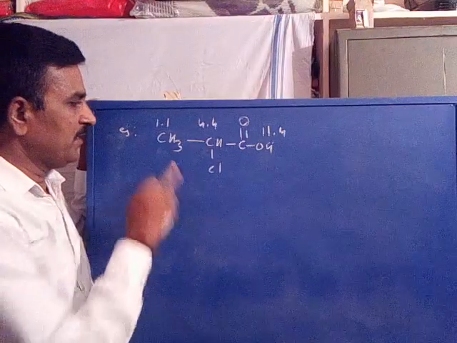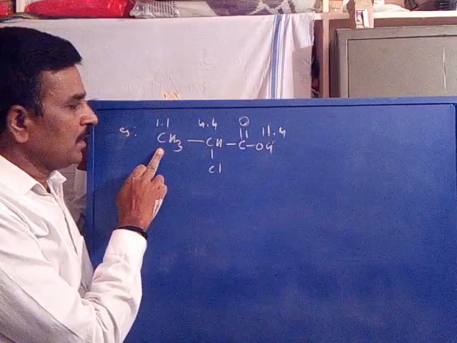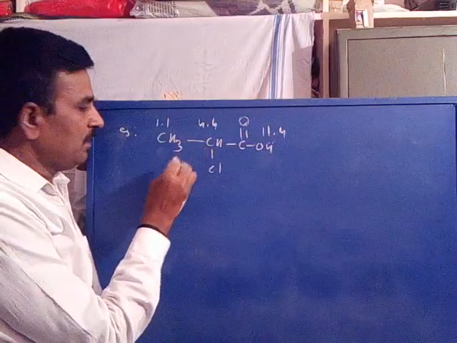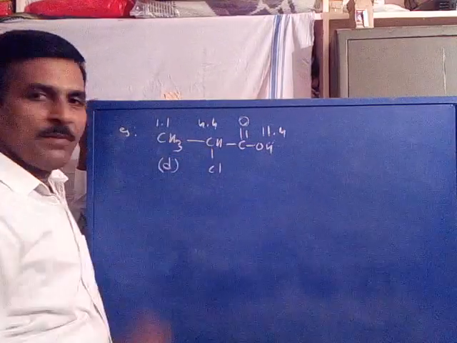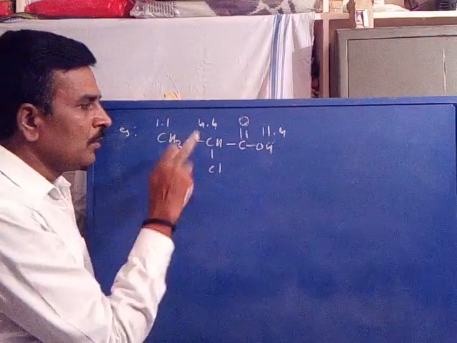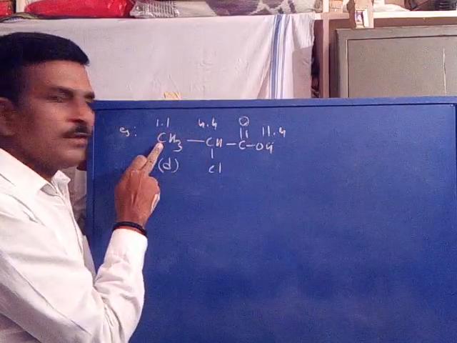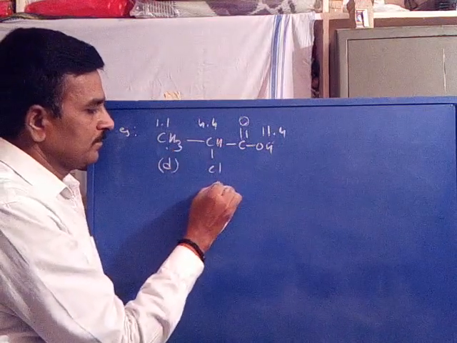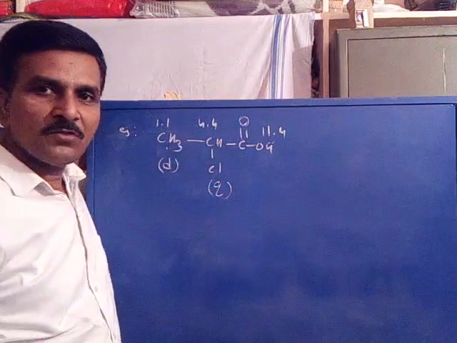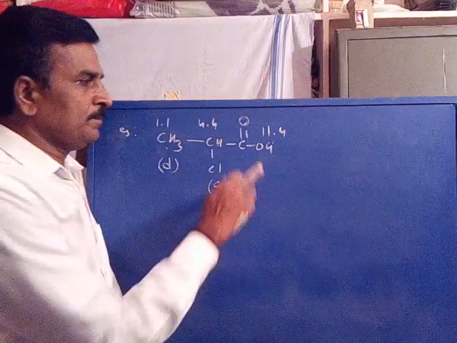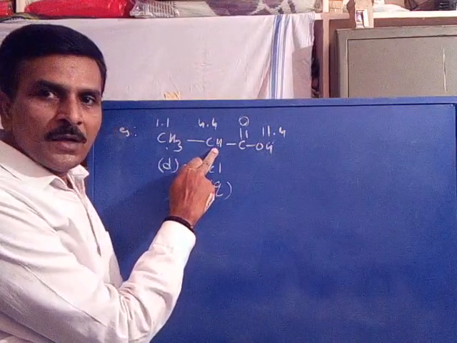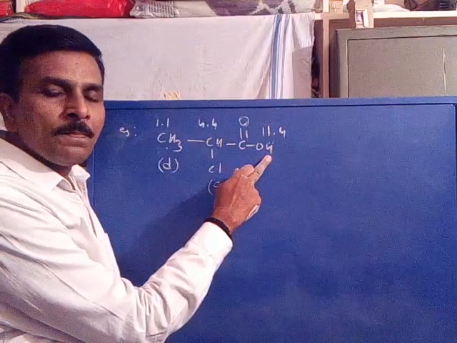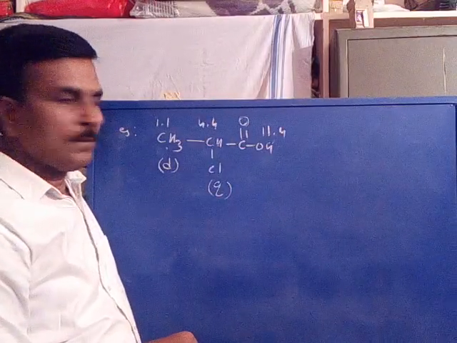Now coming to multiplicity. The CH3 proton is coupled only with its adjacent CH proton, 1 plus 1, a doublet. The CH proton is coupled with the CH3 protons, 1 plus 3, so CH appears as a quartet. The CH proton will not couple with the OH proton, as it is separated by more than 3 bonds.